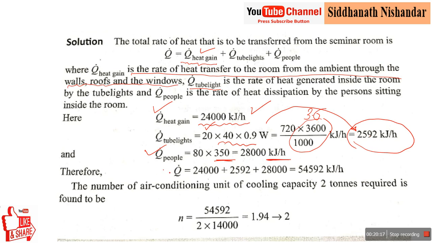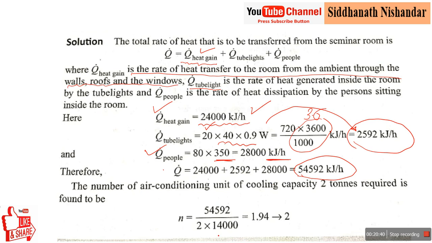The total heat generated is around 54,592 kilojoule per hour. The number of air conditioning units of cooling capacity 2 tons required is found as follows. Now how many units are we going to install, 2 ton ACs.